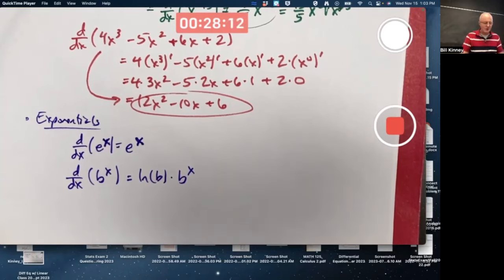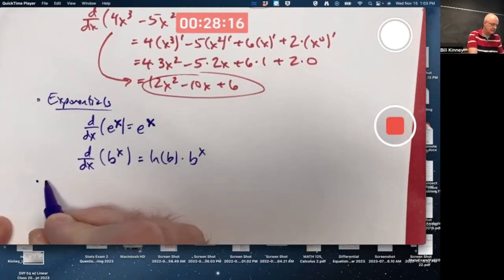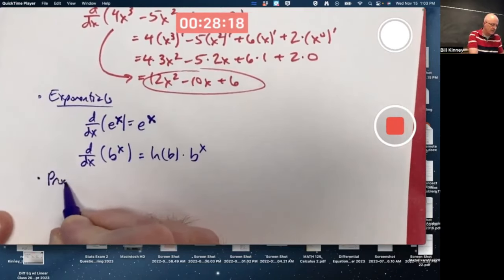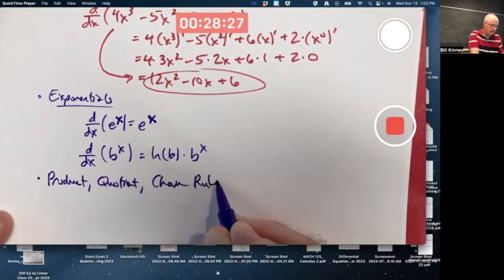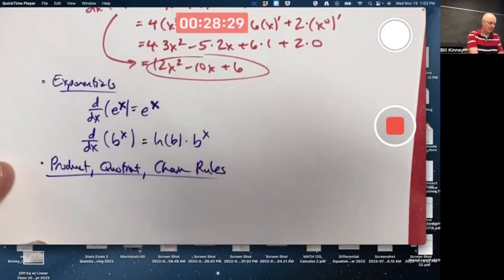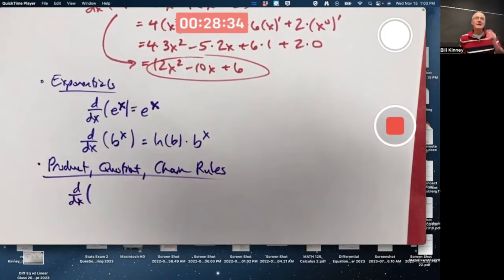Then we moved on to our more general rules. The product rule, quotient rule, and chain rule. Product rule says in abstract form, I'm going to write this out. Of course, you should be able to apply the product rule whenever you need to, but you also should know its abstract form and even be able to apply its abstract form.